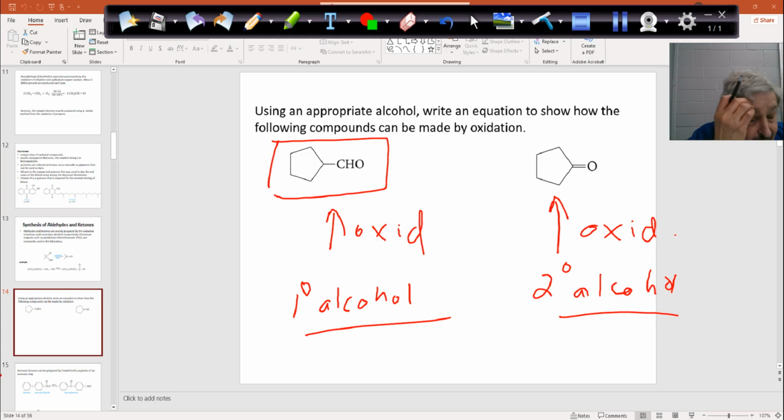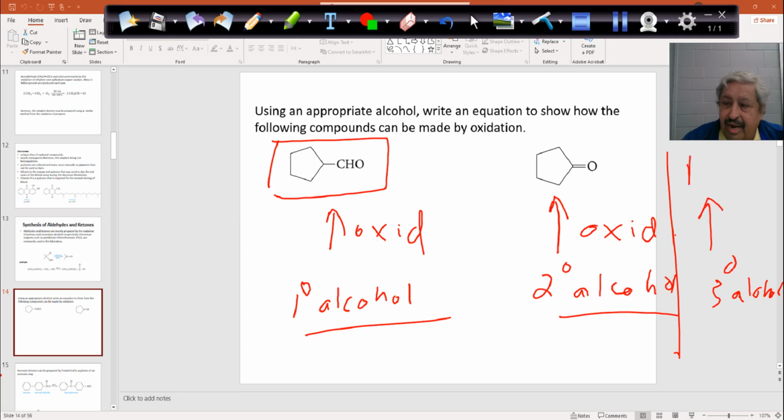To ketones. Primary alcohol oxidation will lead to aldehyde. However, tertiary alcohol, what we said about those: no reaction. So you have to know this.